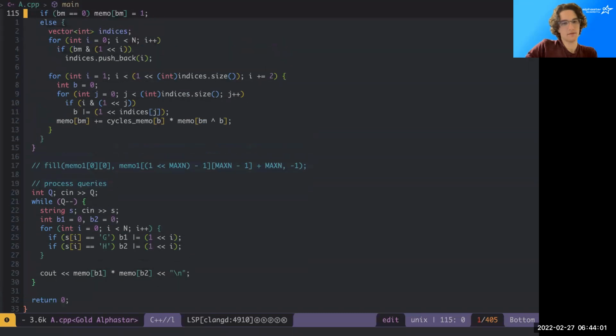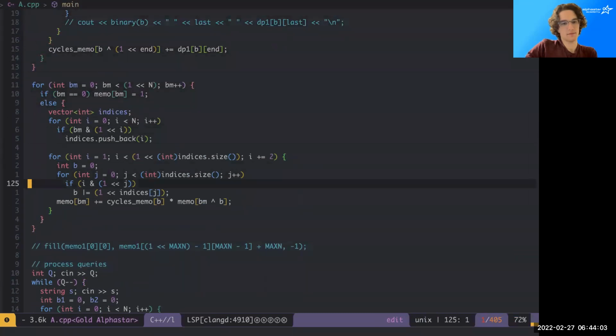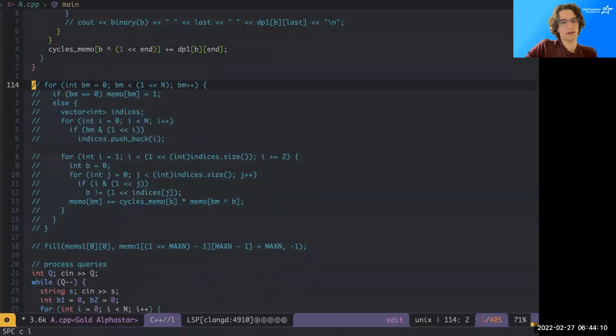We get negative. I don't know where we're getting negative values from.